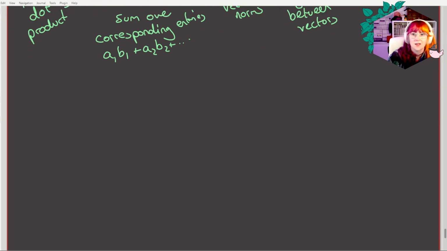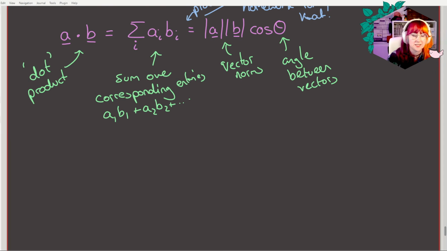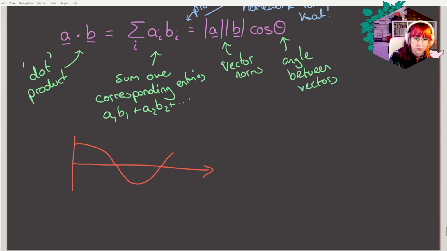Okay. The main thing to take away from this is that when I say it's a measure of how perpendicular they are, we can think of it in terms of cos theta. So if we know that our cos theta does this sort of behavior, where we have 2 pi, 0.